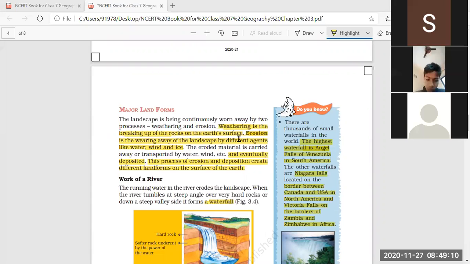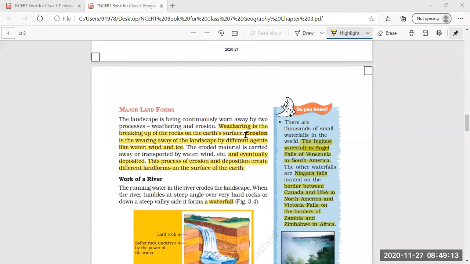Those two processes are weathering and erosion. Weathering is the breaking up of rock, erosion is the carrying away of the landscape by the agents of water, wind, and ice. So the agents of erosion are water, wind, and ice.